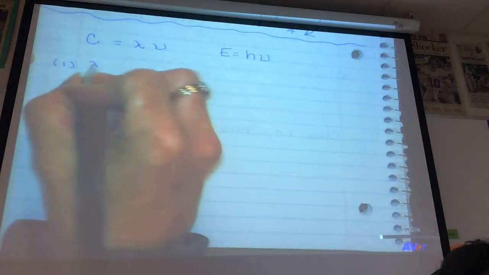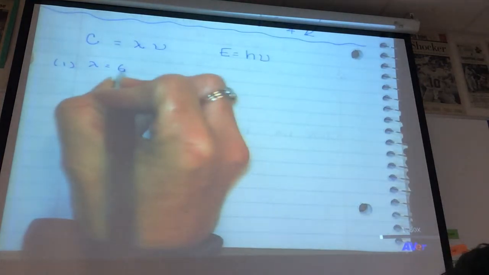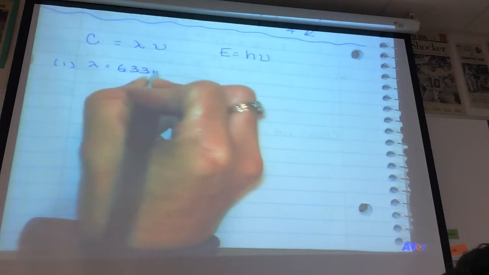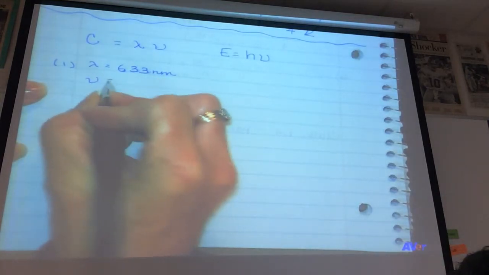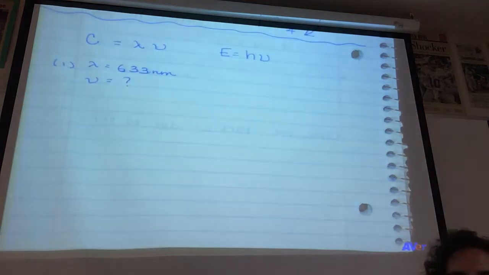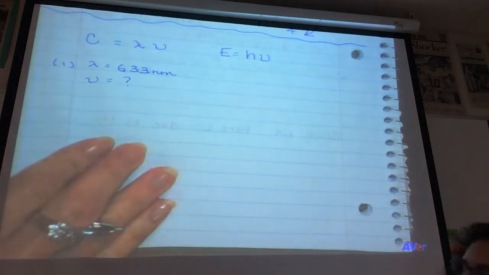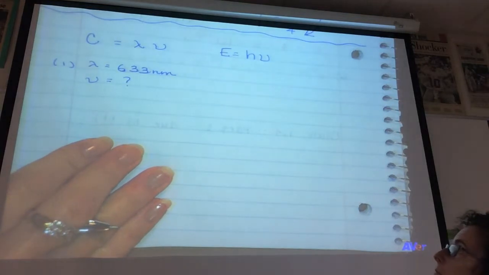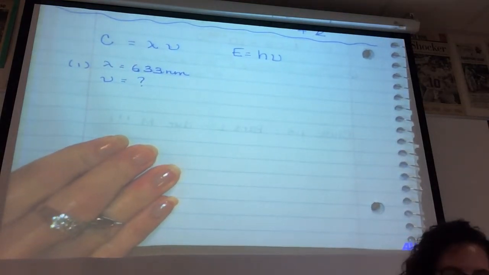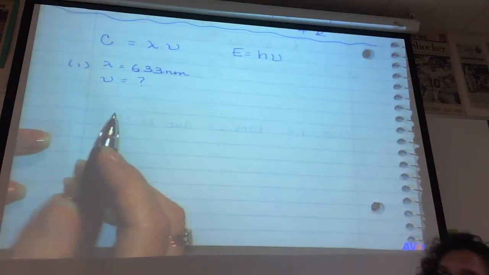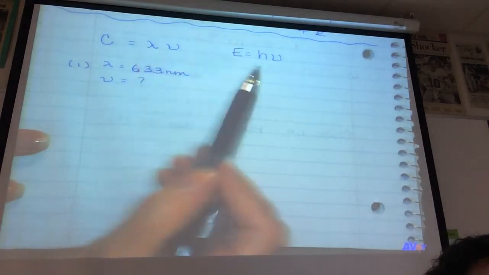The wavelength is 633 nanometers. We're looking for the frequency. Which formula should we use?